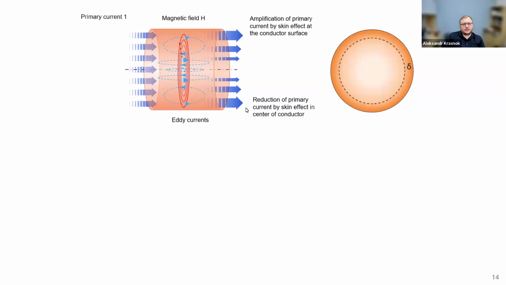Not only in high frequencies, but also electric grids, for example, right? So any wire, if you simulate using HFSS, for example, ANSYS HFSS, how the current actually distributes over the cross section of the wire, you will see that it is more concentrated by the surface and less concentrated in the middle.